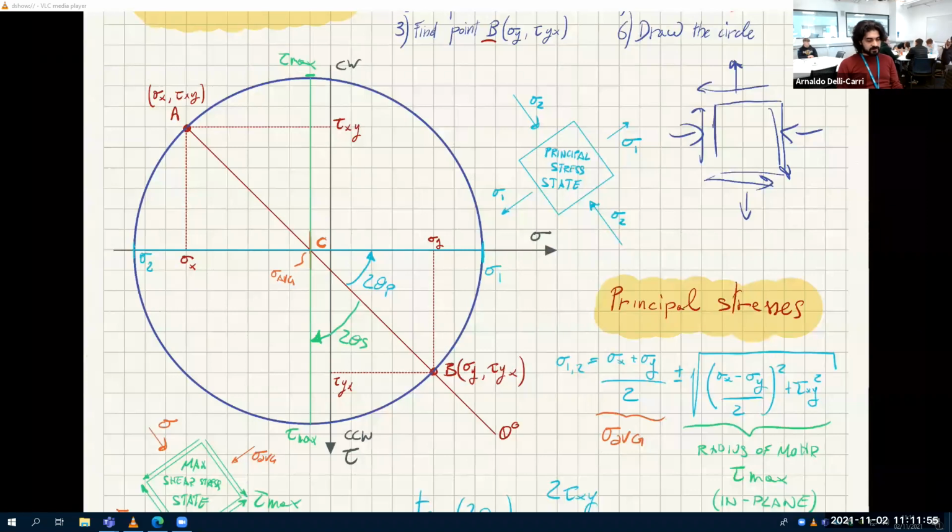All right. Another thing that we can find out from Mohr's circle is that this radius here, from the center to B or from the center to A, doesn't matter, is equal to this here. So the radius of Mohr's circle is always tau max.